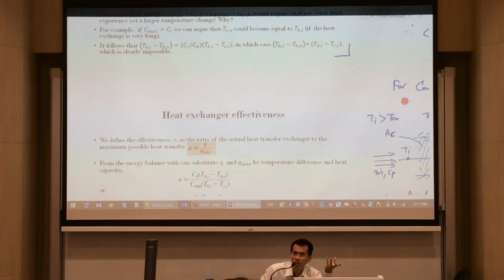Because the LMTD equation itself requires all your hot inlet and outlet temperatures and the inlet and outlet temperatures of the cold fluid. All of them. Four numbers. If you don't have any two of them, you would use what we will be seeing later, the effectiveness-NTU method.